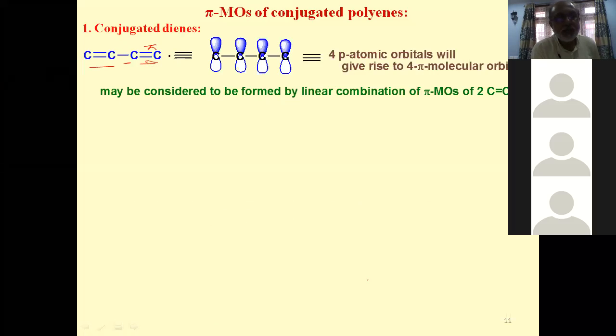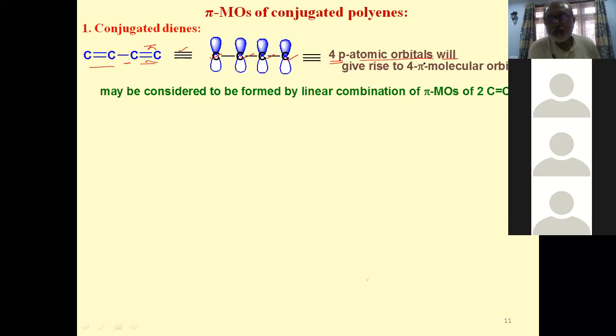So what will be there? We have got one p orbital in this carbon, another p orbital in this carbon, another p orbital here, another p orbital. So we have got a total of 4 p atomic orbitals. And what is the linear combination of atomic orbitals?